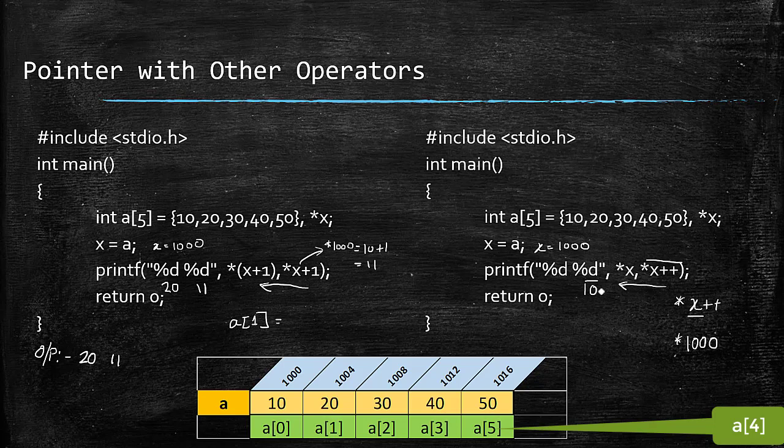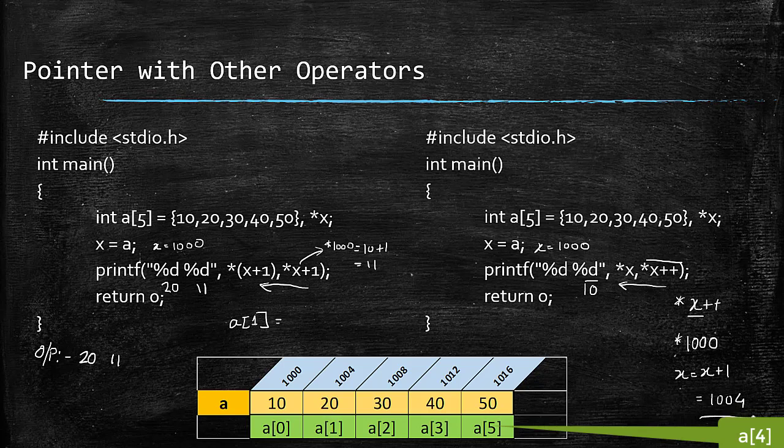Next, the ++ operator has not completed its work. The value of x has been used, now it will increment the value of x. So x will become x plus 1, and as x is a pointer and we are considering an integer to be 4 bytes, x plus 1 will give me 1004. So now my current x value is 1004.